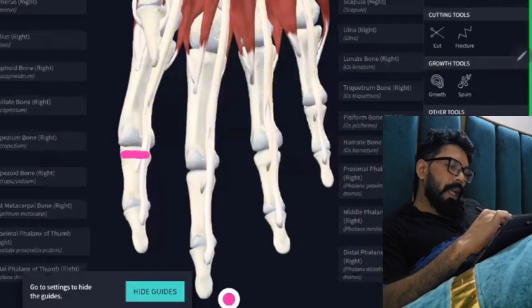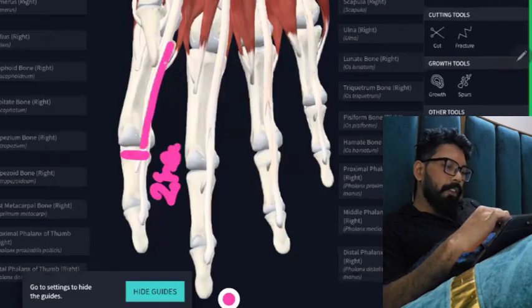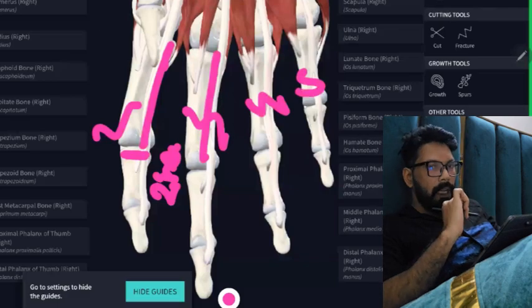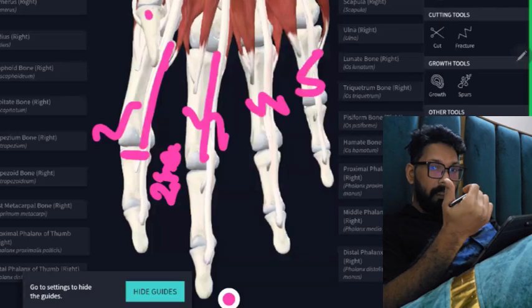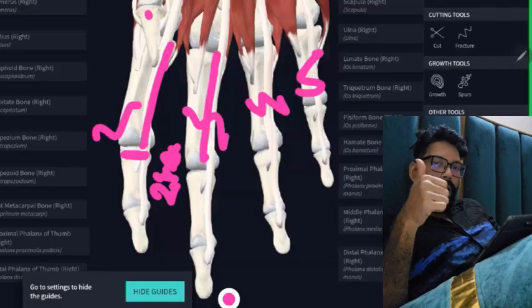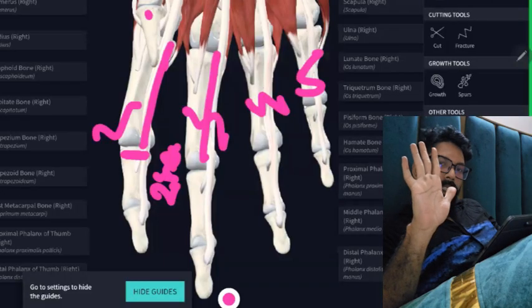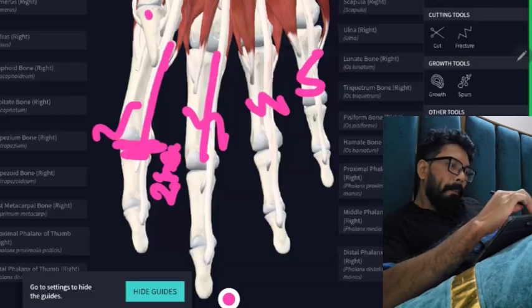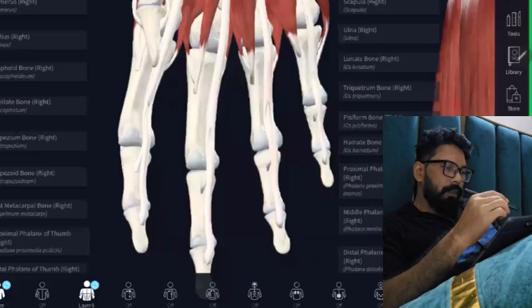It's attached at the base of the second phalanx of the 2nd, 3rd, 4th and 5th fingers. Okay, the thumb is 1. We count from the lateral side, that is from the thumb. So this is 1, 2, 3, 4, 5. This joint is called the proximal interphalangeal joint, PIP. Okay, PIP is flexed by your flexor digitorum superficialis.